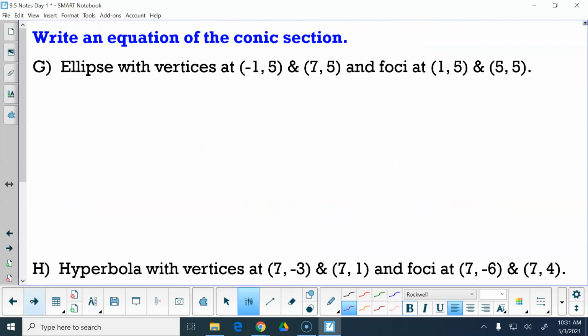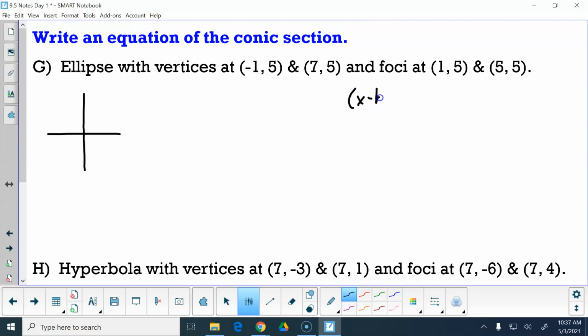Okay, so now find me the equation of the hyperbola and the equation of the ellipse. So if I'm looking at this ellipse, I know that the equation is going to be x minus h quantity squared divided by a squared plus y minus k quantity squared divided by b squared equals 1. I know that because it's an ellipse.